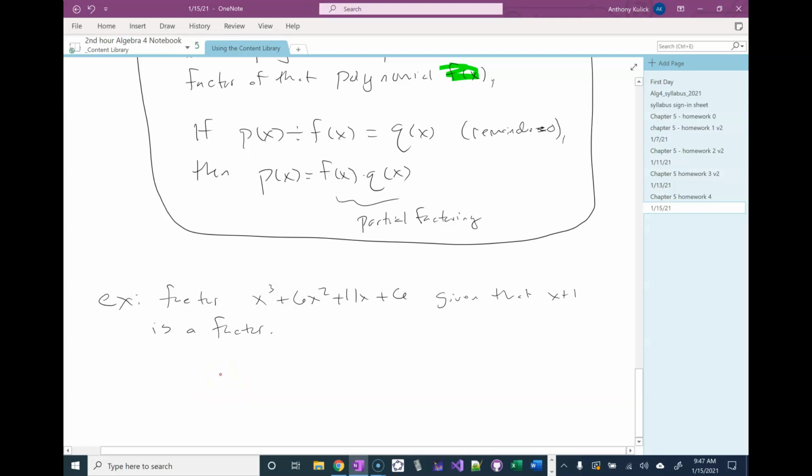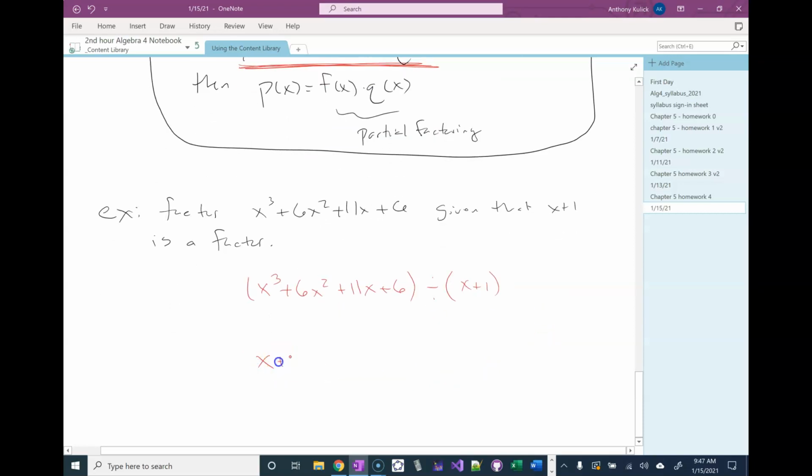So using our method that we've just described in general here, I'm going to start with the polynomial division. I need to take the polynomial I'm trying to factor and treat that as the dividend. And the given factor I'm going to treat as the divisor. So we do polynomial division. This is kind of the initial setup.